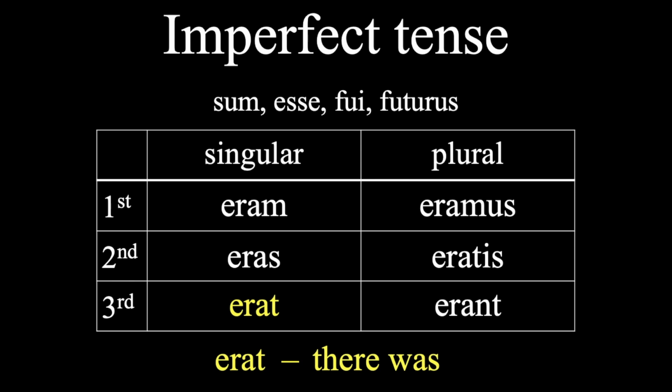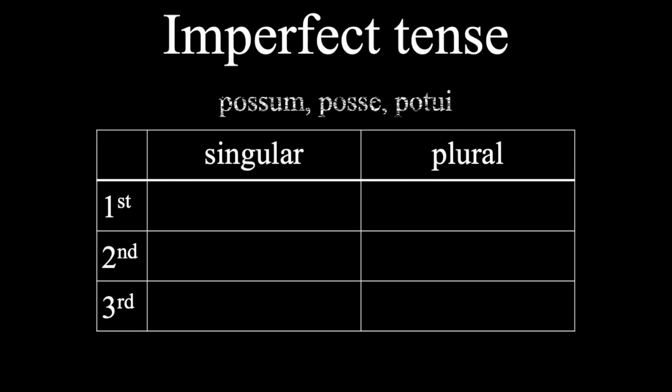In the plural, we have eramus is we were, eratis, you were, and erant, they were. Again, we could translate this as there were, and that would be fine as well if the context supports that. All right, the imperfect forms of possum will be the exact same thing as what we just saw, but with a prefix added.